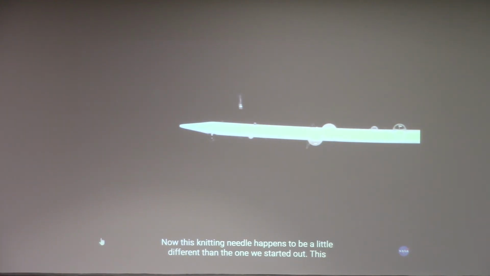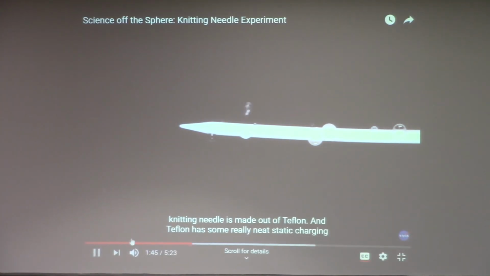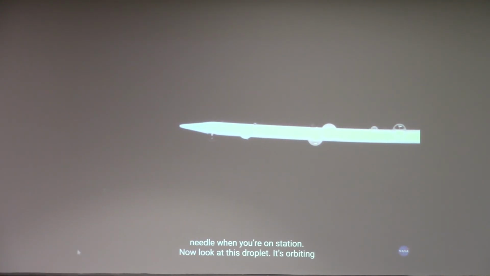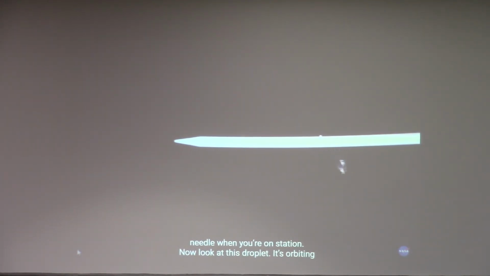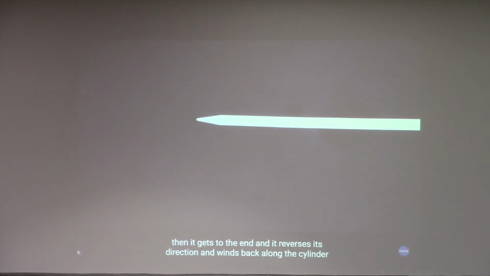Now this knitting needle happens to be a little different. I mean, when we started out, this knitting needle is made out of Teflon. And Teflon has some really neat static charging properties when you're rubbing. And I figured it'd be good to have a Teflon knitting needle when you're on station. Now look at this droplet. It's orbiting around, and since we have cylindrical geometry here, it can recess down the cylinder, but then it gets to the end, and it reverses its direction and winds back along the cylinder.